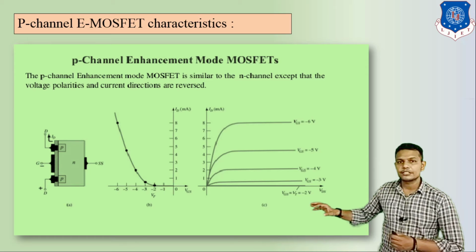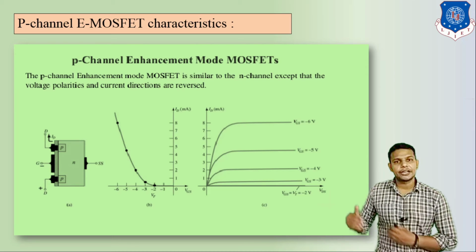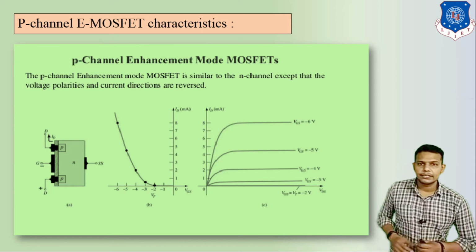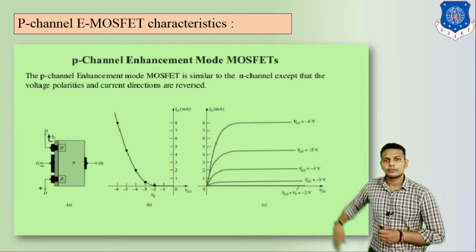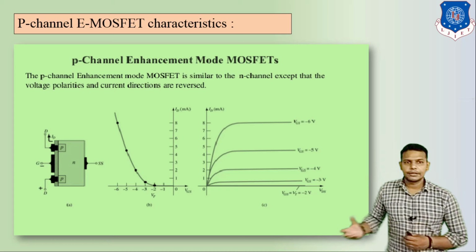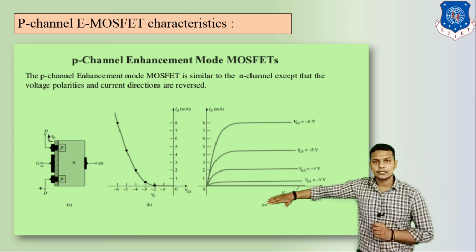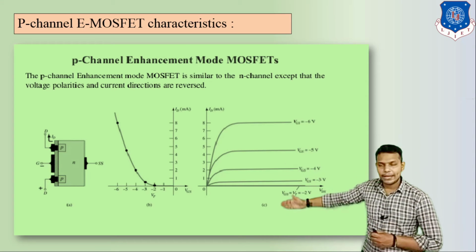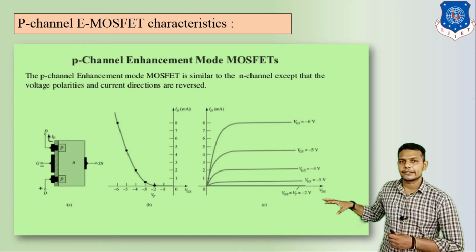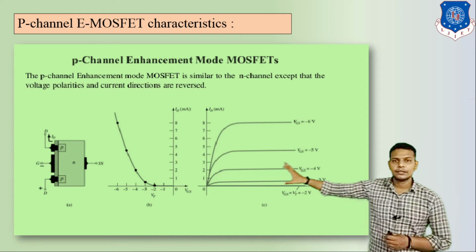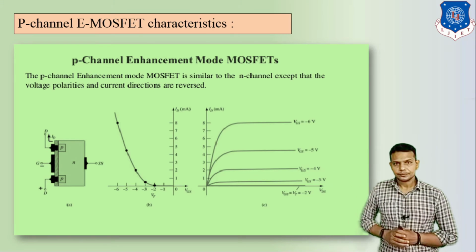Now here we can see the characteristics of P-channel E-MOSFET. On the x-axis we have plotted VDS, and on the y-axis we plotted ID. From these characteristics we can easily plot the transfer characteristics.